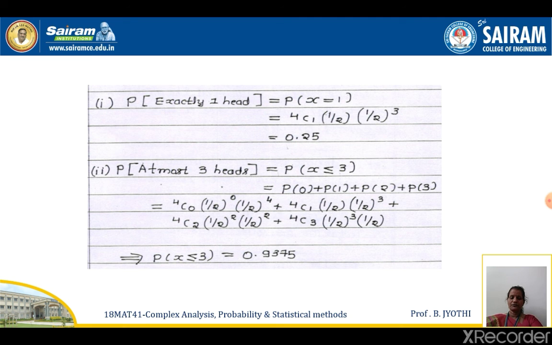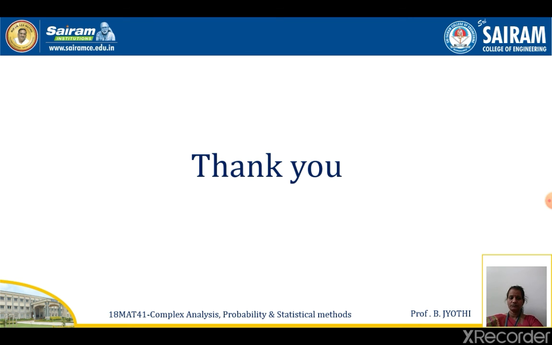Therefore, it is P(0) + P(1) + P(2) + P(3). Substituting the x values as 0, 1, 2, 3 in the formula, we get 4C0 (1/2)^0 (1/2)^4 + 4C1 (1/2)^1 (1/2)^3 + 4C2 (1/2)^2 (1/2)^2 + 4C3 (1/2)^3 (1/2)^1, which on simplification we get 0.9375.